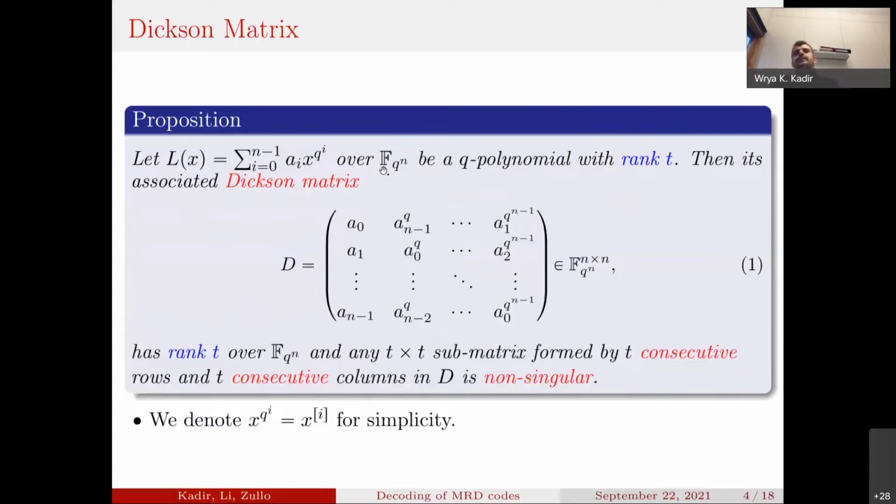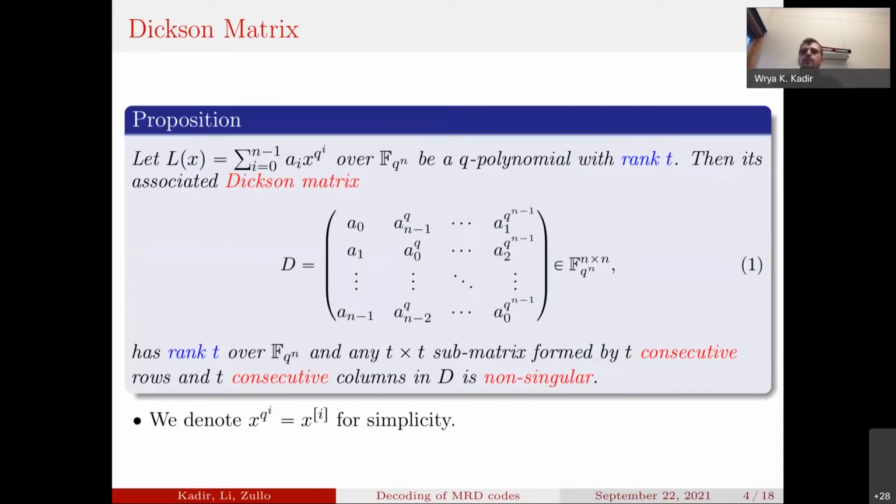The Dickson matrix and this proposition play a main role in the decoding process. So let L(x) be a q-polynomial over F_{q^n} with rank t. Then the associated Dickson matrix, in the form that can be seen here, has two nice properties. The first one is, since the linearized polynomial has rank t, this Dickson matrix will also have rank t.